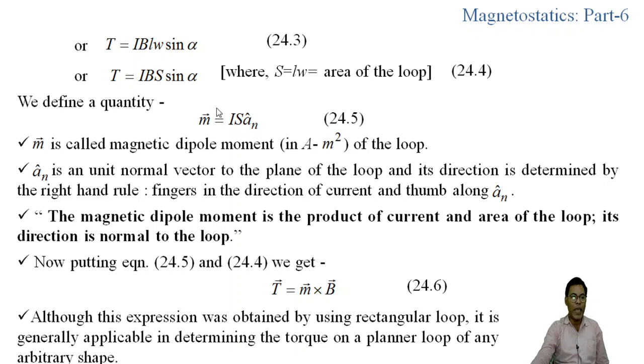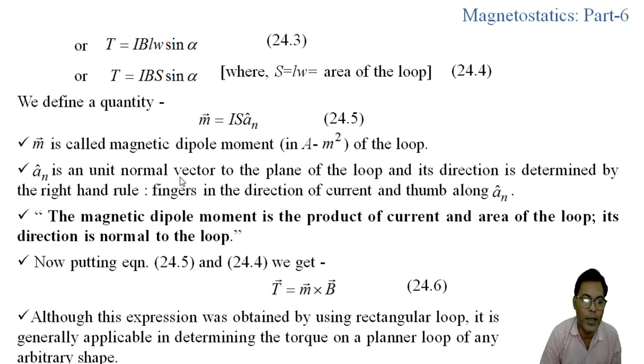Here this M is called the magnetic dipole moment, and it is in ampere per meter squared. And N is the unit normal vector to the plane of the loop, and its direction is determined by the right hand rule. Fingers in the direction of the current, then the thumb along the direction of N.